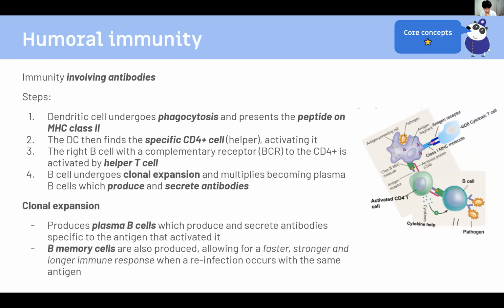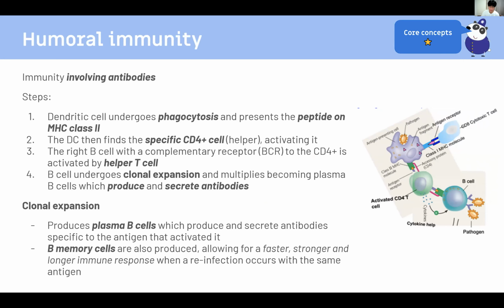Then the B cells will undergo clonal expansion and multiply, becoming plasma B cells, which will then produce and secrete antibodies. So clonal expansion is basically when there is a production of plasma B cells, which produce and secrete antibodies specific to the antigen that activated it, but it also produces B memory cells, which allow for a faster, stronger, and longer immune response when a reinfection occurs with the same antigen.